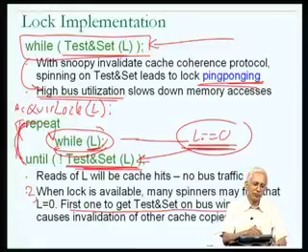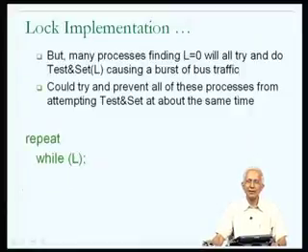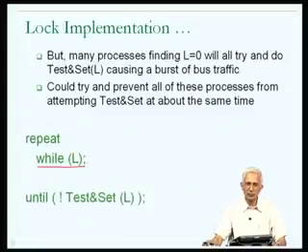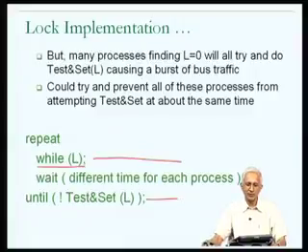Therefore, one could improve on this particular implementation of the lock even more by setting things up so that once again one is busy waiting on a read of the lock, but rather than immediately allowing, after the lock becomes available, all the processes which observe that the lock has become available to busy wait on test and set of L, which is what we had in the previous implementation, one could actually set things up so that between exiting from this while loop and checking to see whether the lock can be acquired, the different processes could wait for different amounts of time.